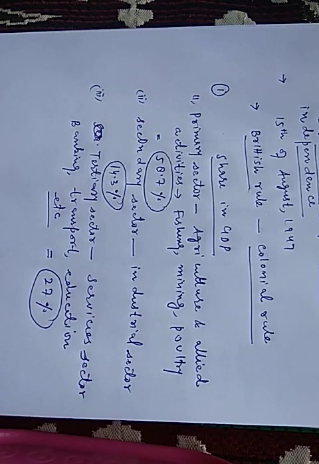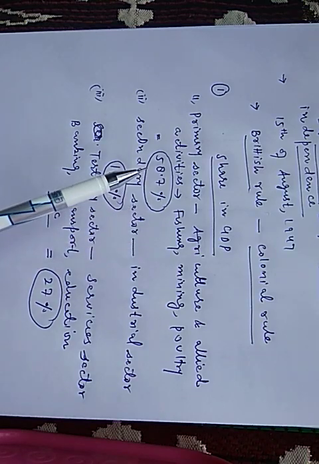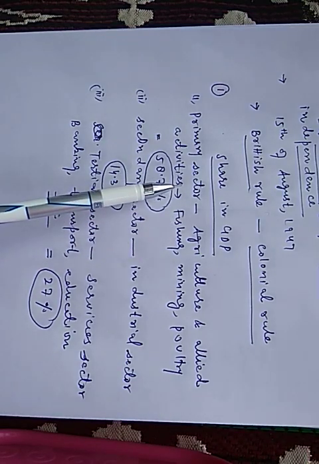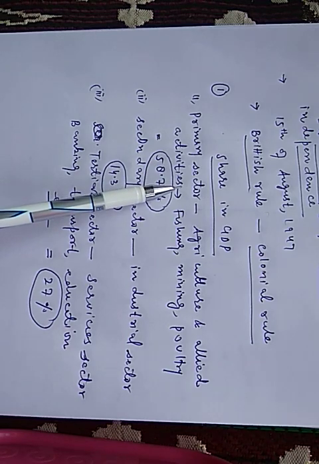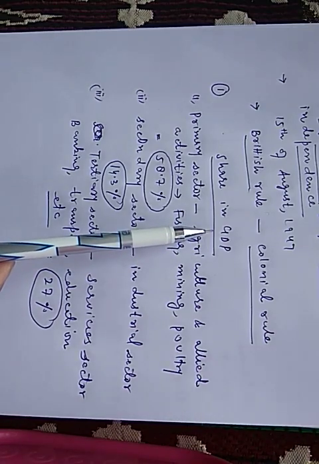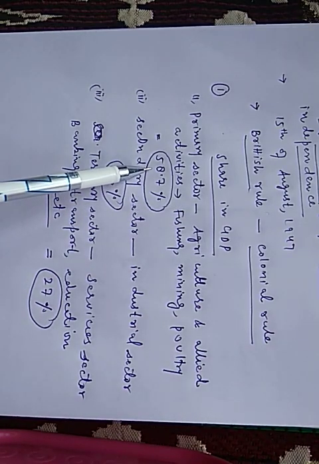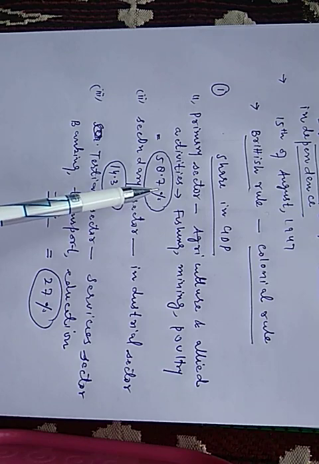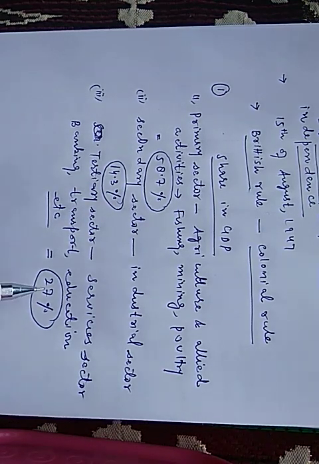Now from this data we can interpret that the primary sector contributed the highest share in GDP, which was 58.7%, followed by the tertiary sector, the services sector.